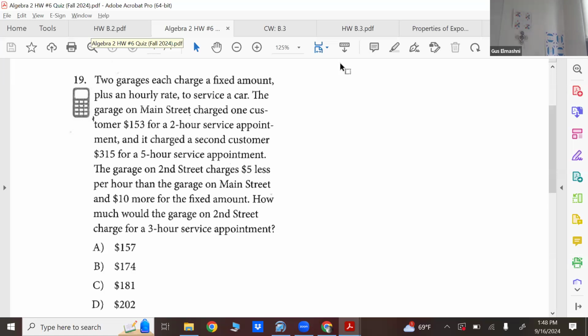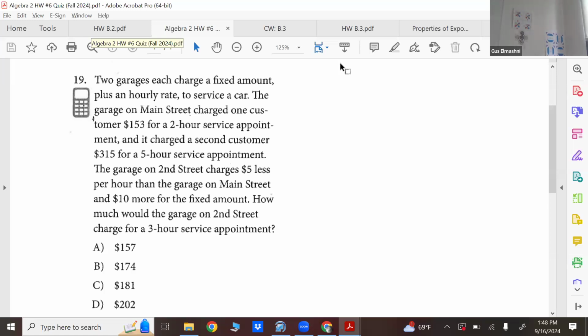That's key. You gotta know what the line stuff represents. That's fixed. That's correct. The hourly rate is giving you a slope. So guys, hourly rate's your slope. The fixed amounts are your y-intercept. You gotta figure out what those are. Because the slope is a rate. It's a change, right?